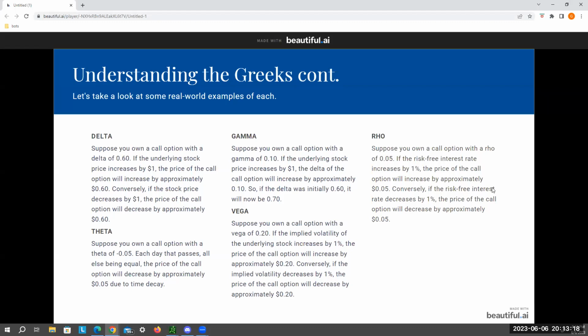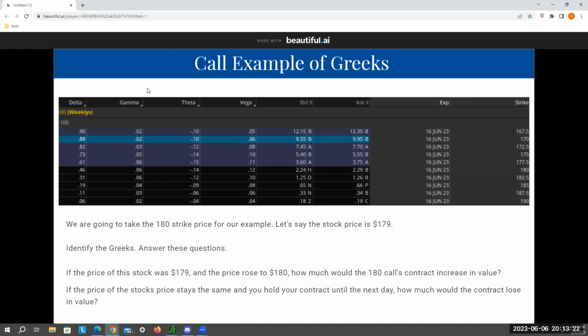And then I'll be honest with you guys, I don't use this. Call example for Greeks. So we'll look at the option in here. And I need you guys to answer this for me now. Based on everything I've already talked to you guys about, you should have a basic understanding of these concepts. So we're going to take the 180 strike price for this example, right? Which is right here. So you guys don't get confused, 180. You see strike? 180.